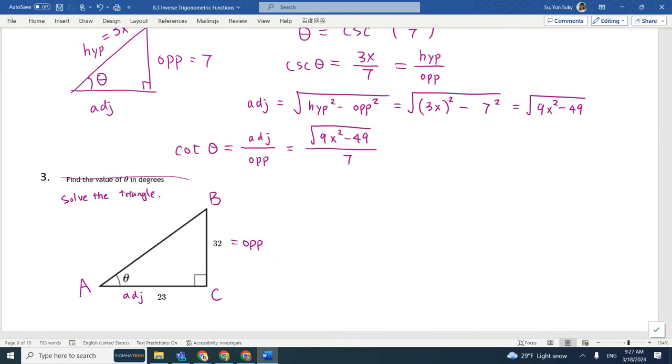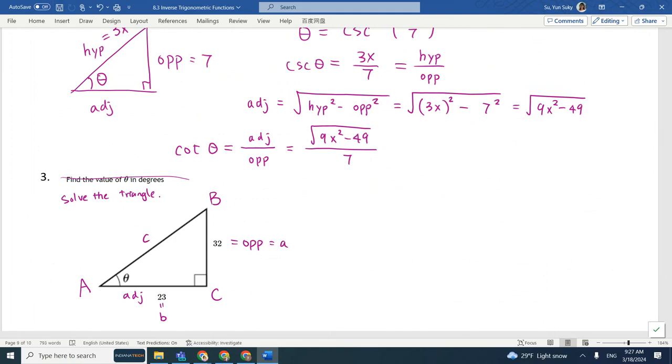What is the side opposite to angle B? We call it small b. What is the side opposite to angle A? Small a. And what is the side opposite to angle C? Small c. Okay.